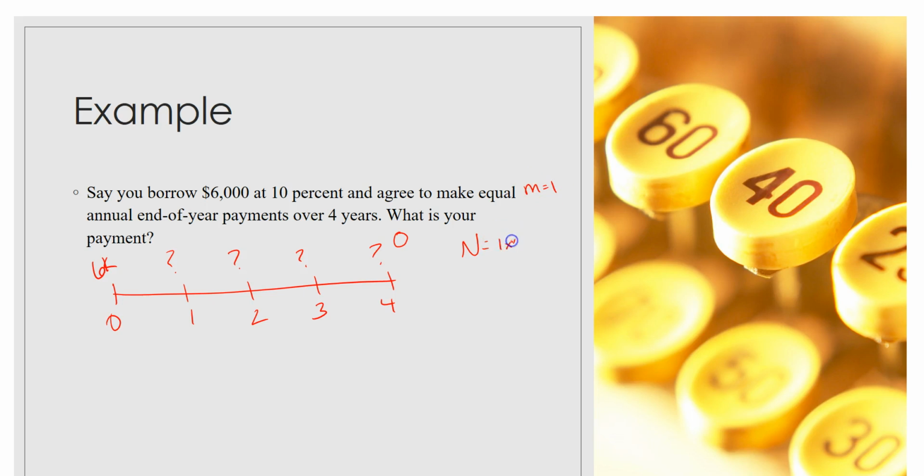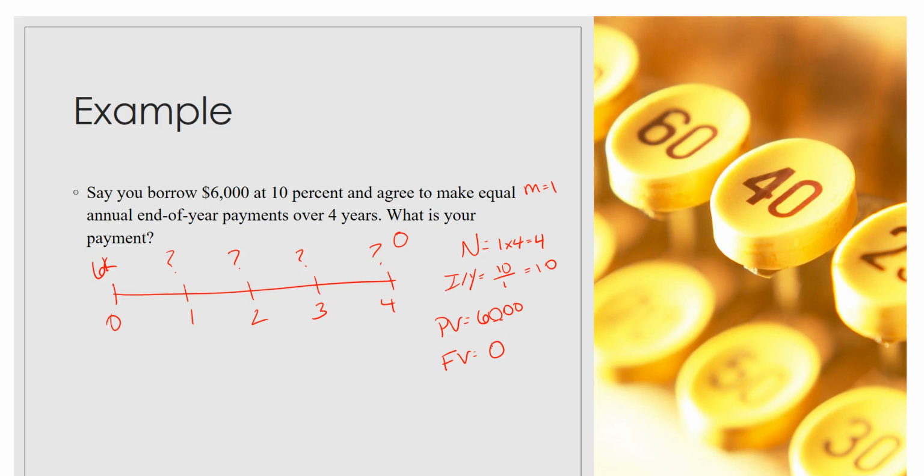So 1 times 4 is 4. Our rate is our 10% divided by our m, which is 1, so that gives us 10%. Our present value is $6,000. That's how much we are going to be receiving, and it's a positive $6,000. And our future value is 0 because we're going to pay this loan off.